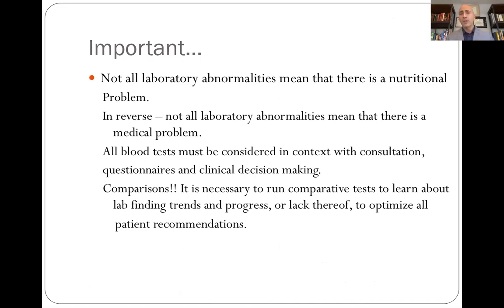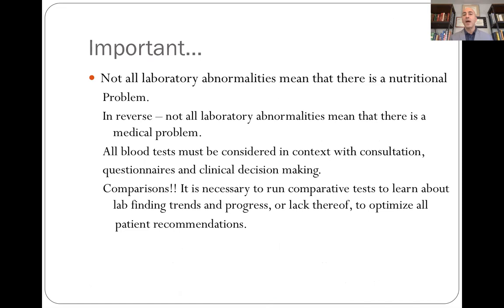So this is an important point that I'd like you all to be aware of. And I mentioned it earlier, but it's worth repeating. Not all laboratory abnormalities mean that there's a nutritional problem. So if you have a low level of vitamin C, it could be because you have, let's say, an adrenal gland disorder. And you would need to treat the adrenal gland disorder, which might involve giving vitamin C, almost certainly. But there may be much more behind that condition that needs to be treated. Otherwise, the body can hyperconsume nutrition.